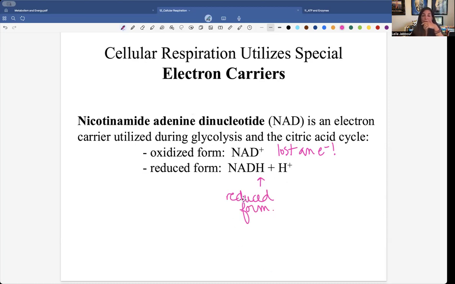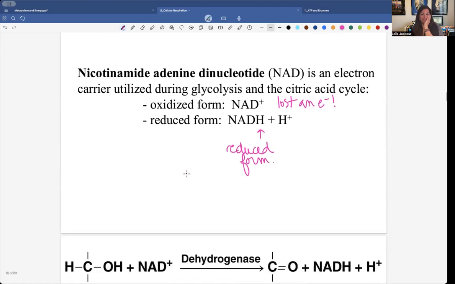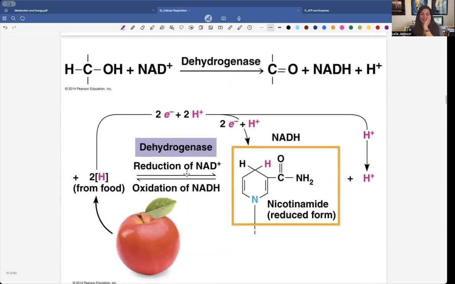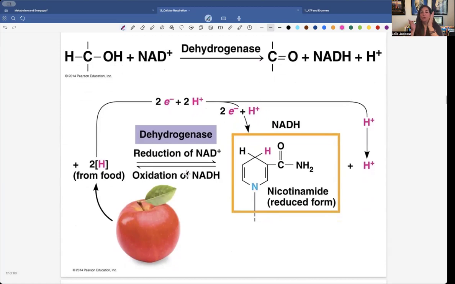The oxidized form and the reduced form was written right here. Okay. So how does this work? Hydrogen from our food, this is a great example, is going to be used to reduce NAD+. So what does that mean?